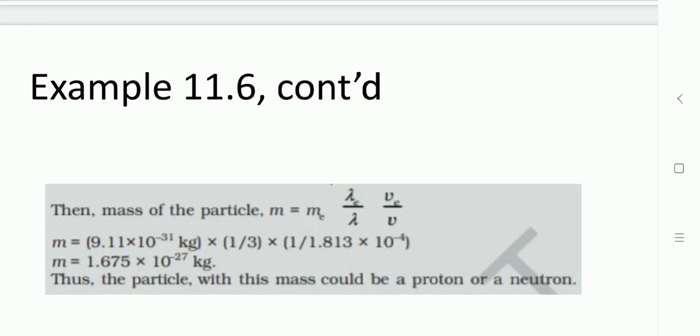Substituting all the values already given, we get m equal to 1.675 into 10 raised to minus 27 kilogram. So the particle having this mass can be a proton or a neutron.